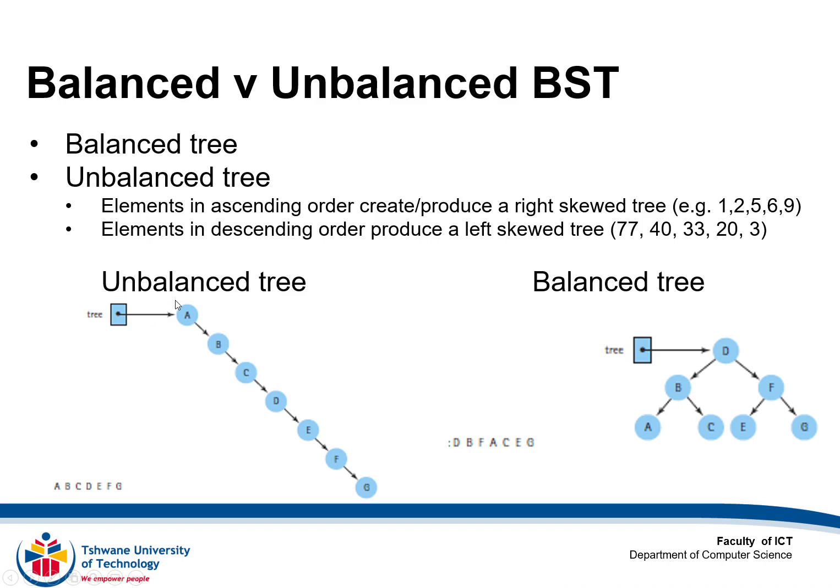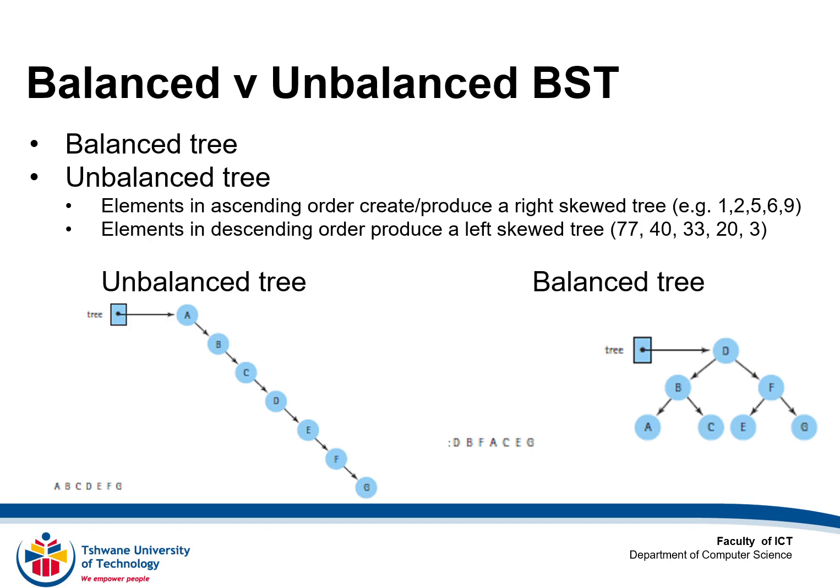The problem with this is that its complexity is that of order n, because for argument's sake, to get to G, you have to go through every other element. Now, a balanced tree, on the other hand, is exemplified in the picture at the bottom right corner.